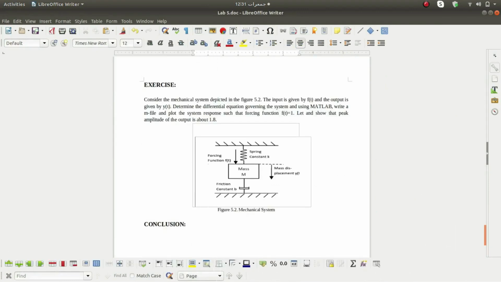In the exercise you can see there is a picture given in figure 5.2. Here you have a mass attached with a spring, and forces are also labeled: frictional force and mass displacement function with a constant b.